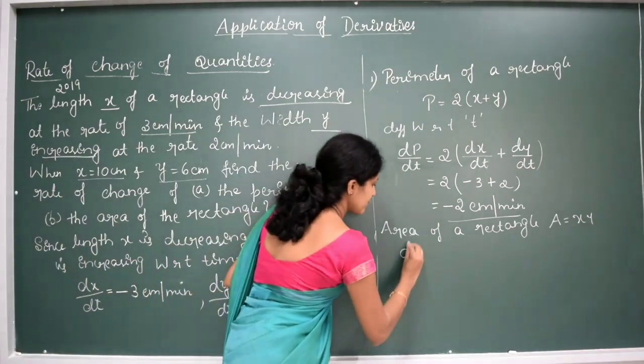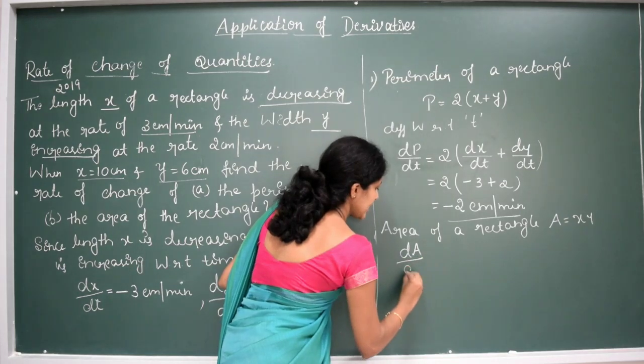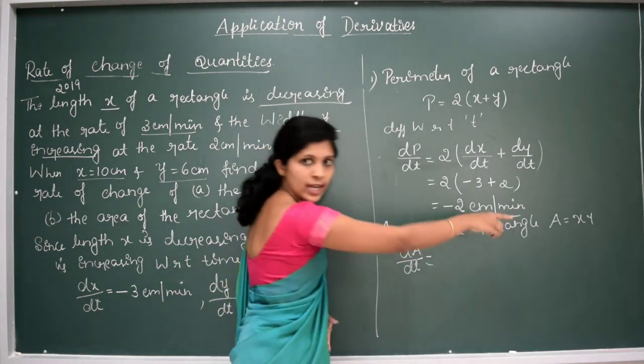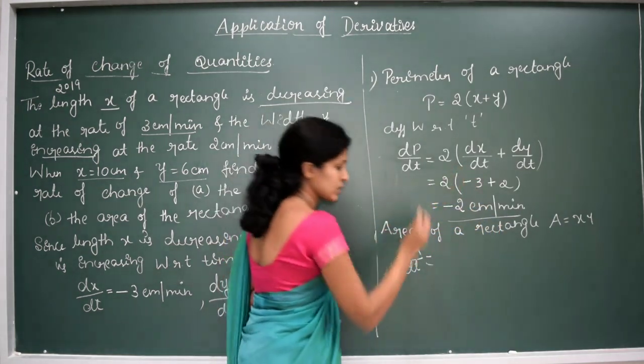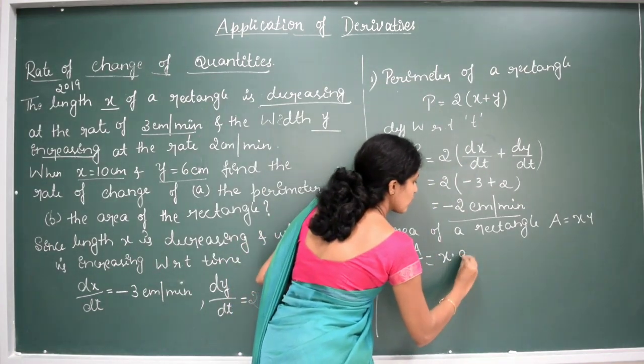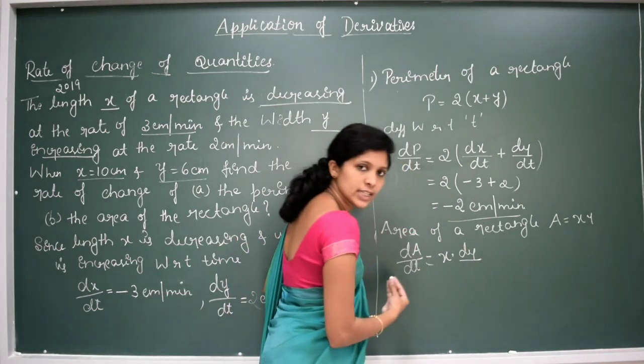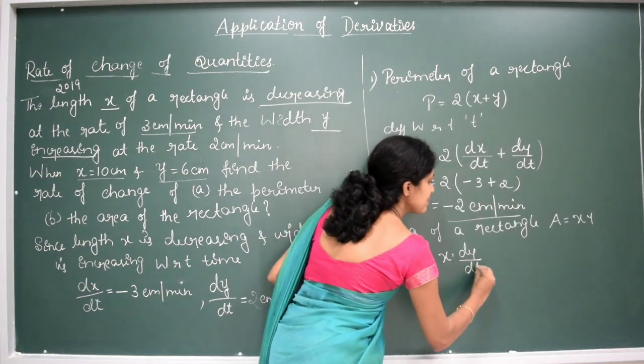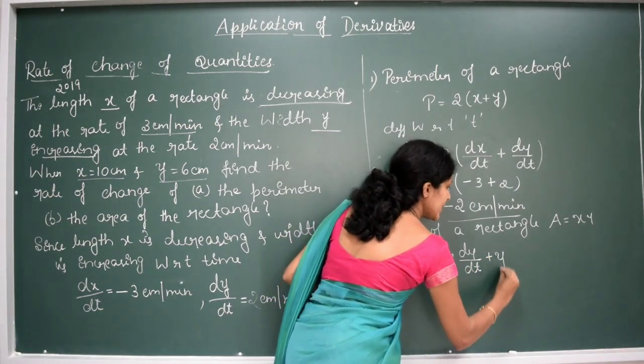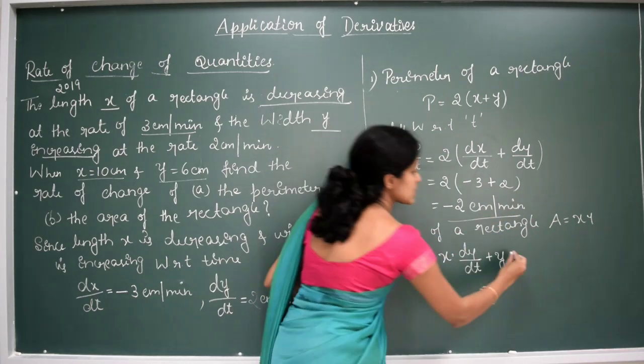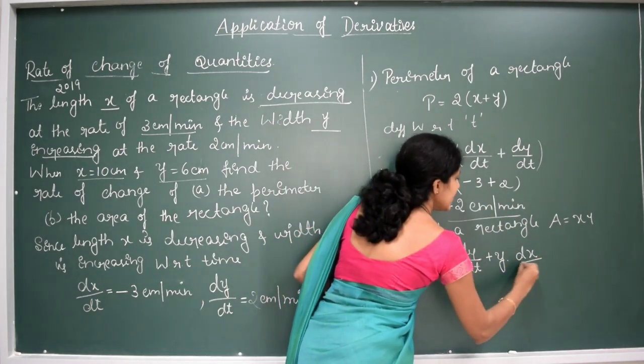So if you differentiate with respect to time, you need to apply the product rule: dA by dt is equal to x into dy by dt plus y into dx by dt.